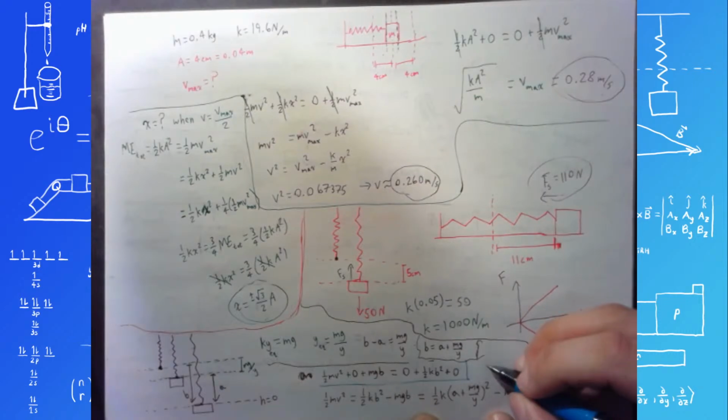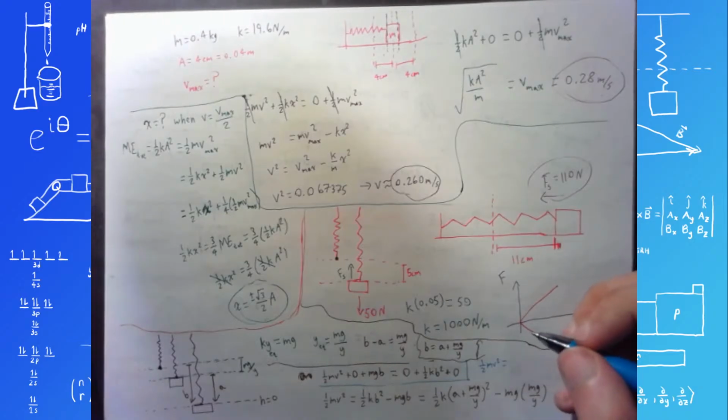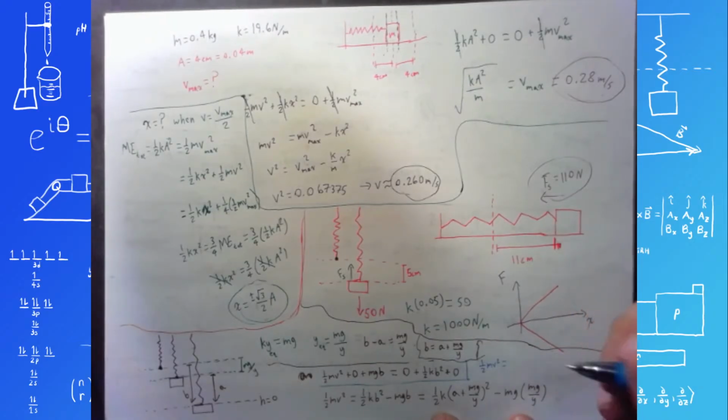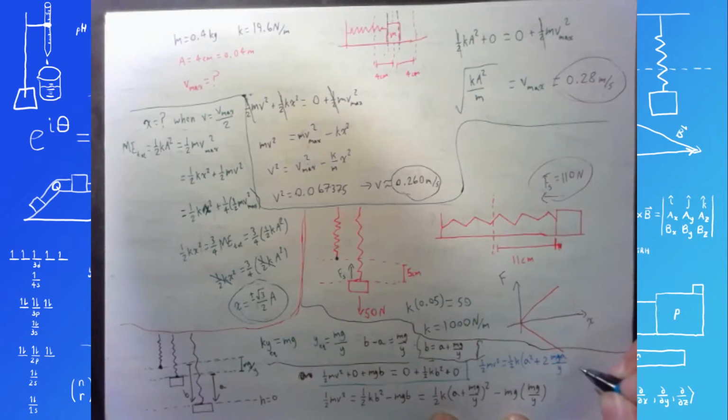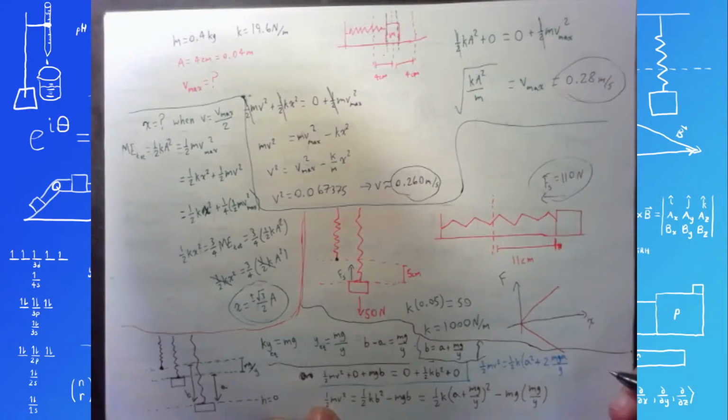Okay, so my 1/2 mv squared is equal to, if I go ahead and FOIL this, 1/2 k, a squared plus 2mga over y. Wait, what?